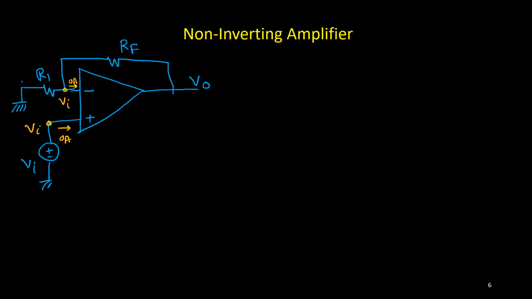Okay, right? So whatever current flows through this one, it has to go through this one. Again, this current is I. This current also I will keep as I. Now see the equation. This I equals 0 minus Vi upon R1, because this is 0 and this is your Vi.